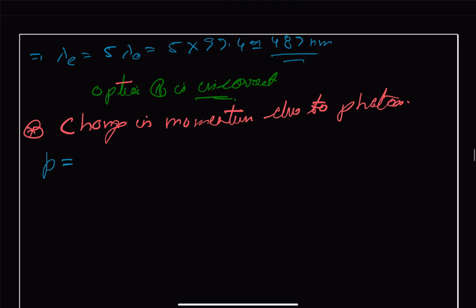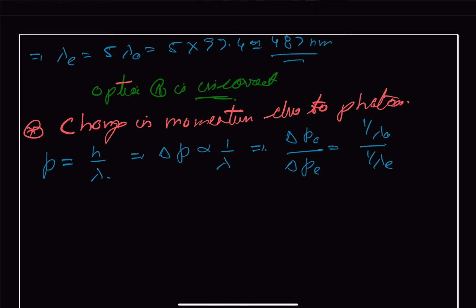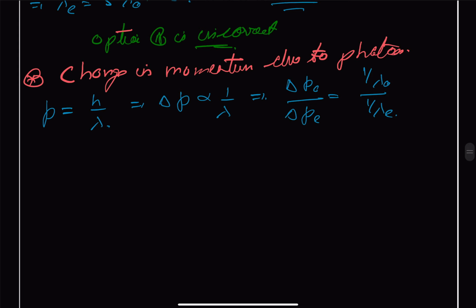Momentum P is equal to h upon lambda, or we can say our change in momentum will be proportional to 1 upon lambda. So we can write this as delta PA and delta PE will be equal to 1 upon lambda A, 1 upon lambda E. So we get this change in momentum ratio will be equal to lambda E upon lambda A, which is equal to 5.